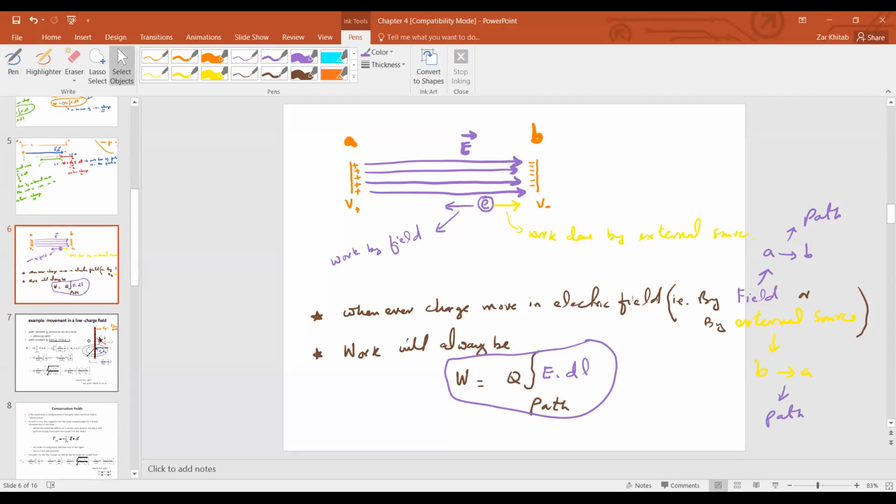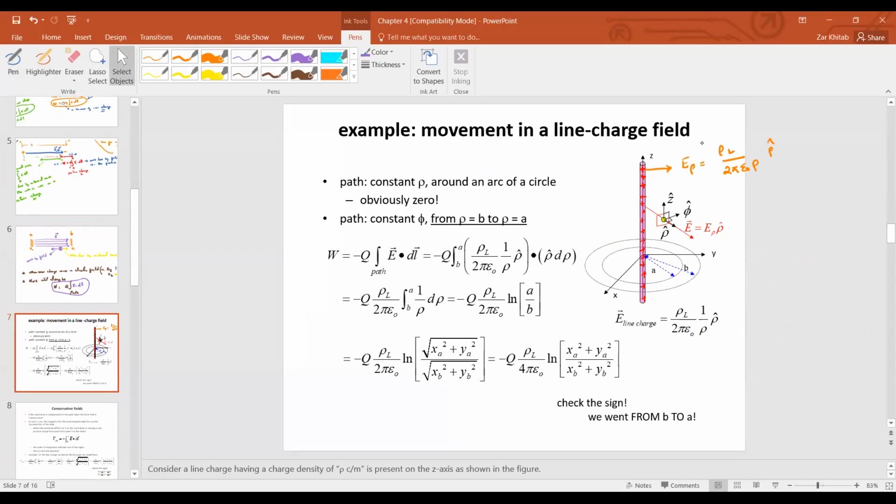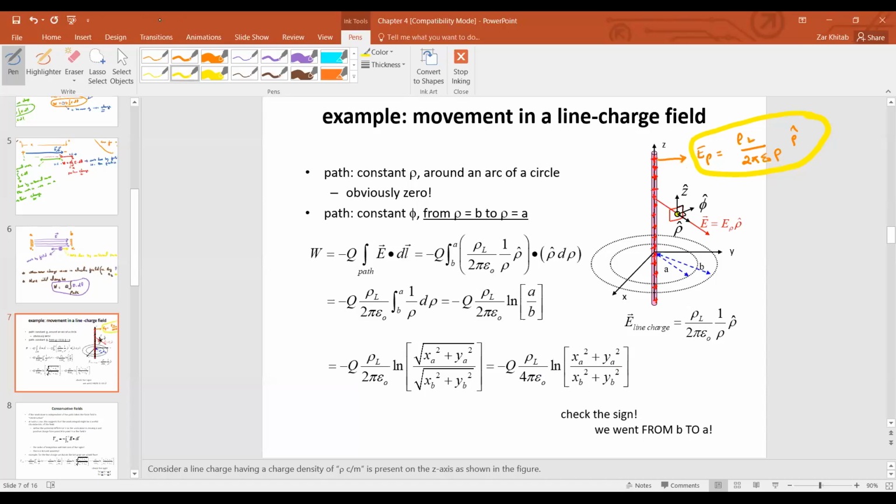Now coming to this case, how much electric field do I have? The electric field for this line of charge is given here. Now, if I try to move an electron, say this is your point A and this is point B, and we move the electron from here to here, this will be the work done by what?